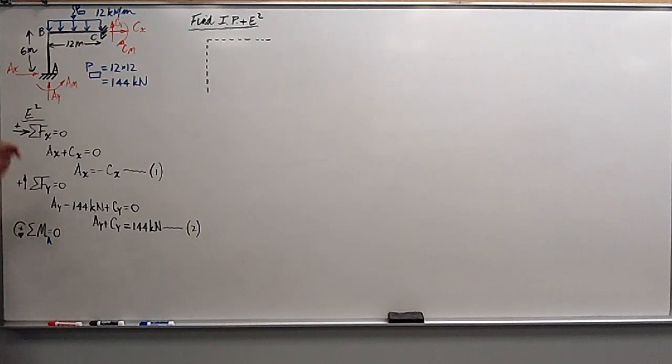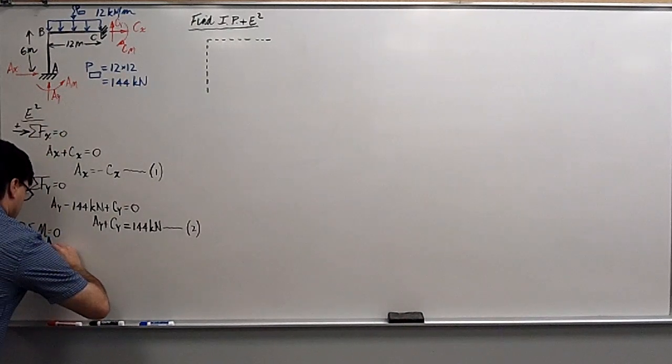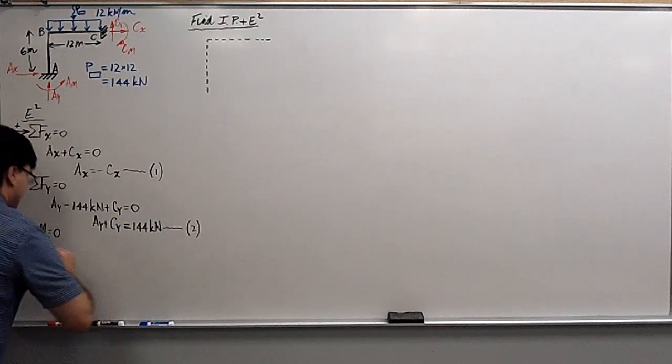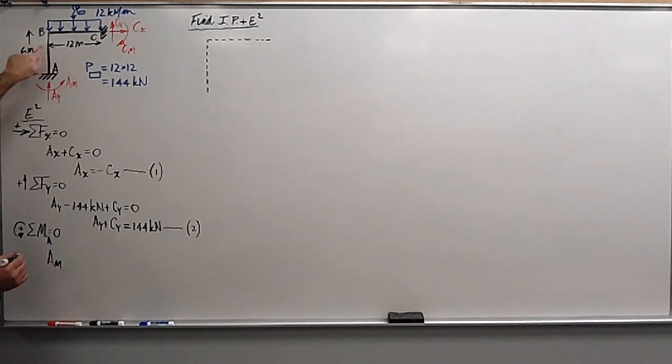The distance is 0. I have to include the moment at A because it's a moment already. It doesn't disappear because this moment is already a moment. It doesn't get multiplied by a distance. So we have the moment at A, and I'm guessing it's counterclockwise, which matches my positive. So that's why it's positive.